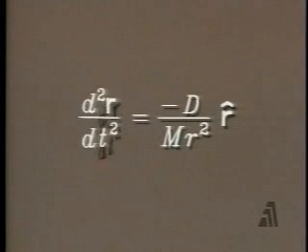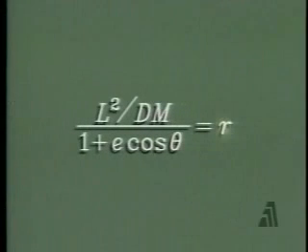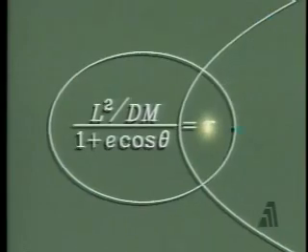And out came a differential equation for the orbit, whose solution is the algebraic equation, not only of an ellipse, but of any conic section.